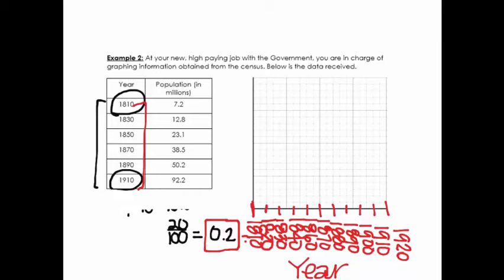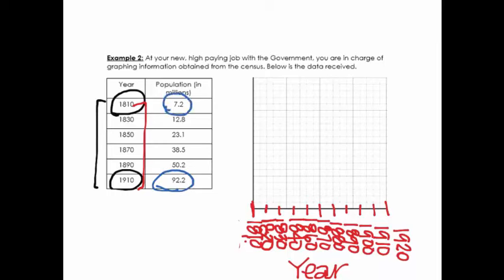So now let's figure out the population in millions. Again, we're going to start with the range. So 92.2 and 7.2. The population is 92.2 minus 7.2.